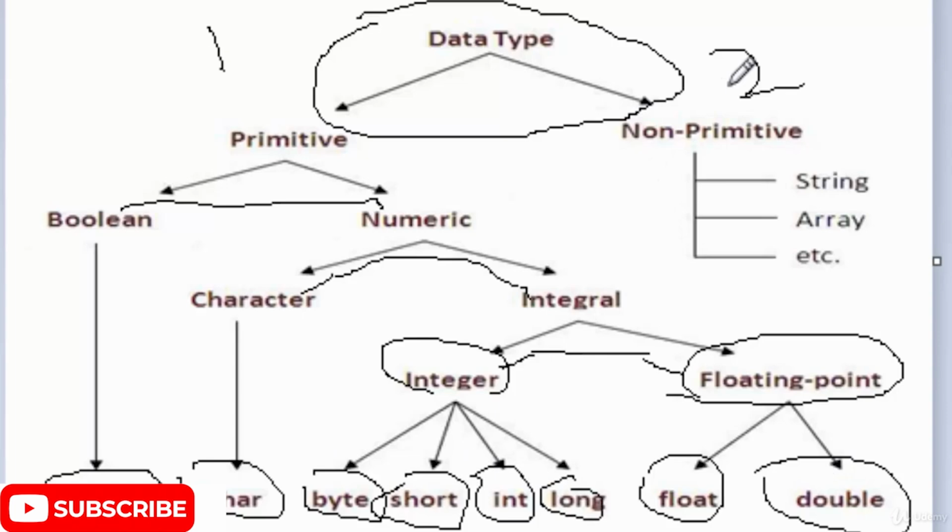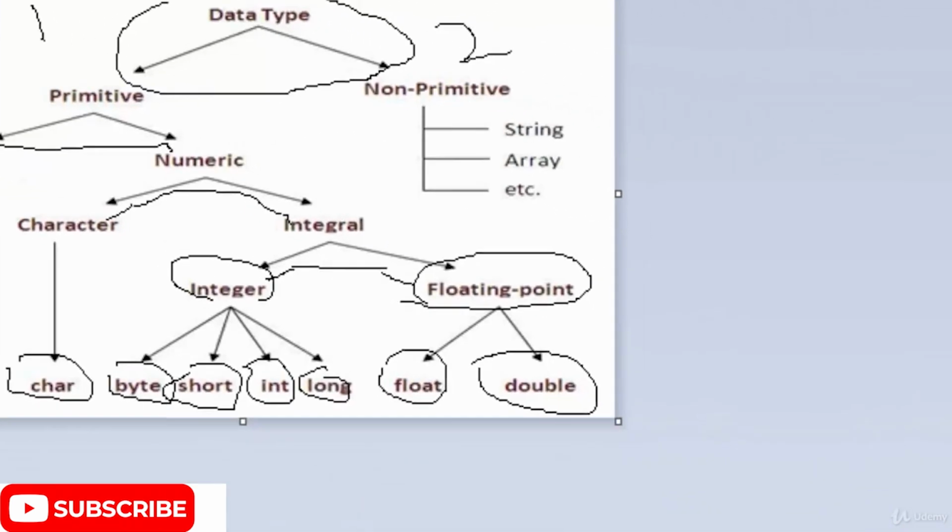If we go to the second type, the non-primitive data types, non-primitive or reference data types are the more sophisticated members of the data types family. We have string, array, and more data types in our non-primitive data types. Now we come to the examples of these primitive and non-primitive data types.